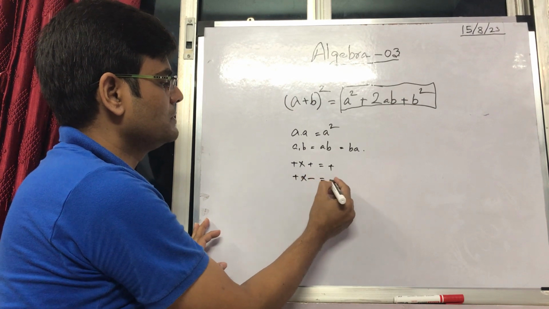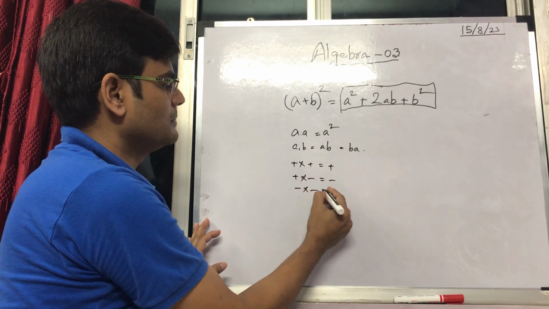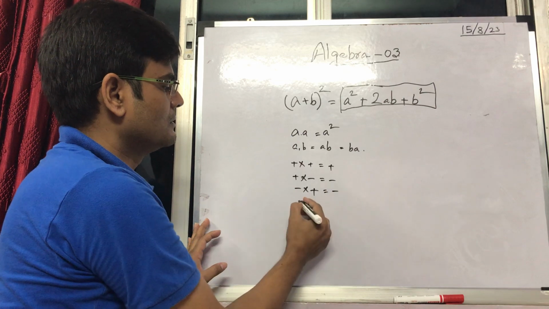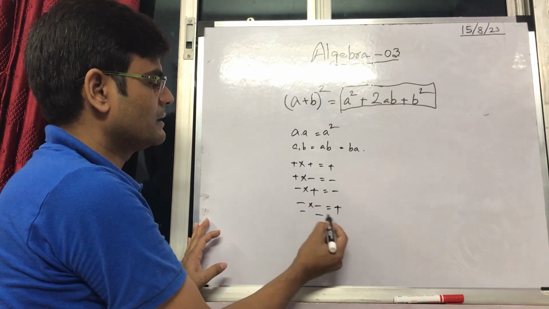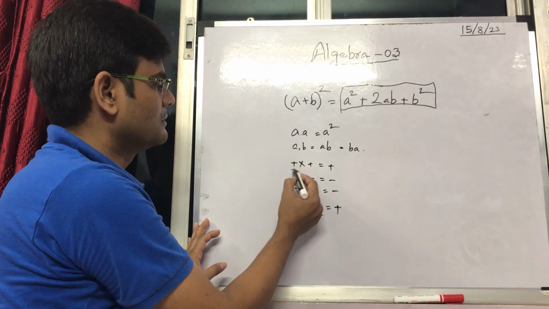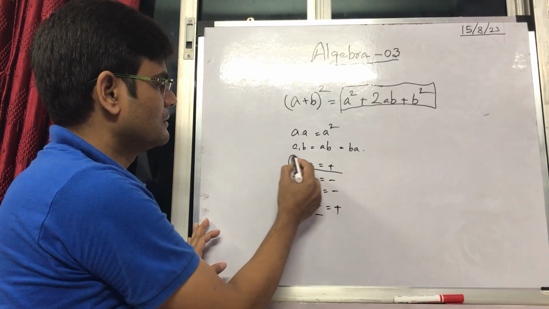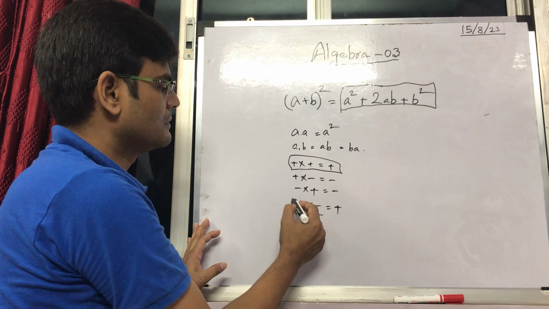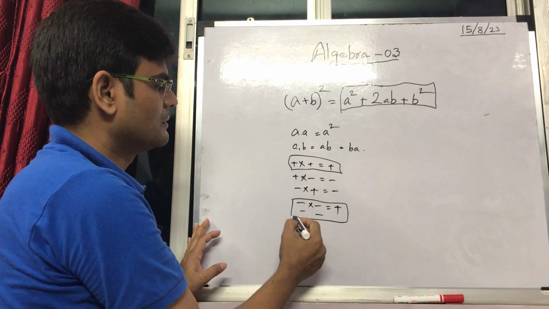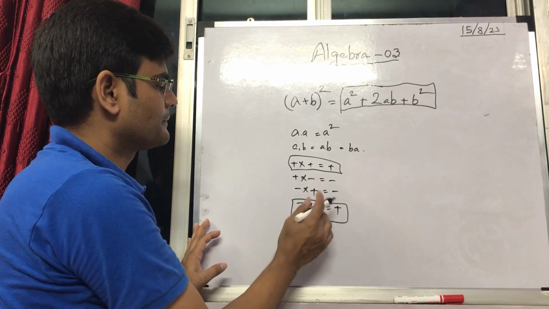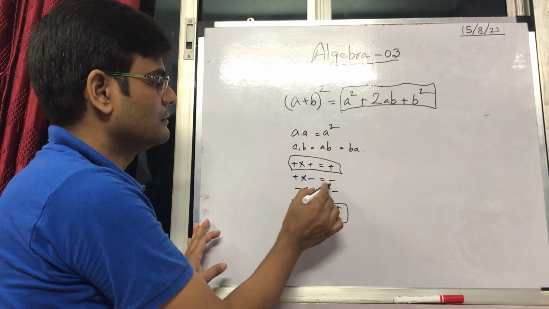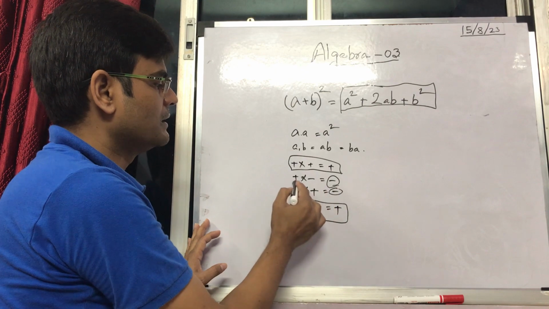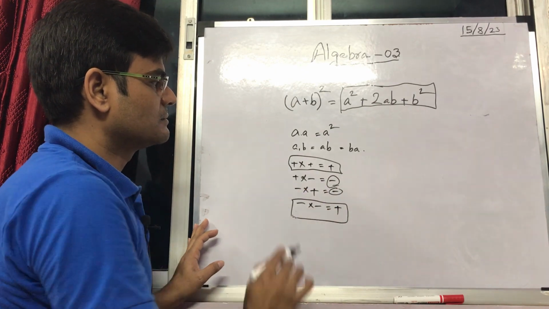These basics should be covered. You should be knowing this. And minus into minus is also plus. So if the signs are alike, it's plus, and if they are not alike, you'll get a minus sign. Minus into plus is minus, plus into minus is minus.